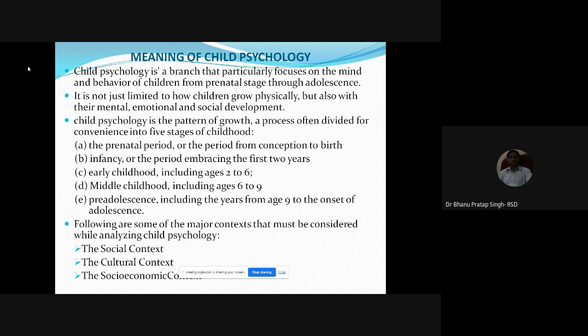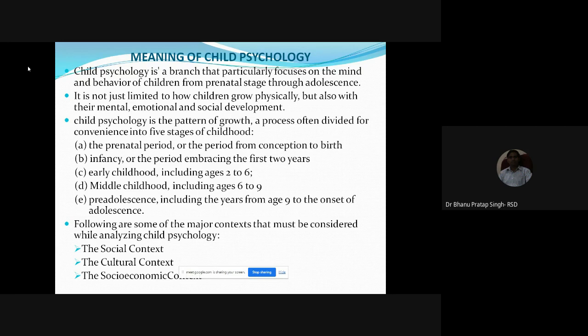socio-economic conditions. If the child is coming from very poor socio-economic conditions, he or she is not able to be attentive in the classroom to learn. So the teacher should be aware of the social context, from which social context the child is coming.